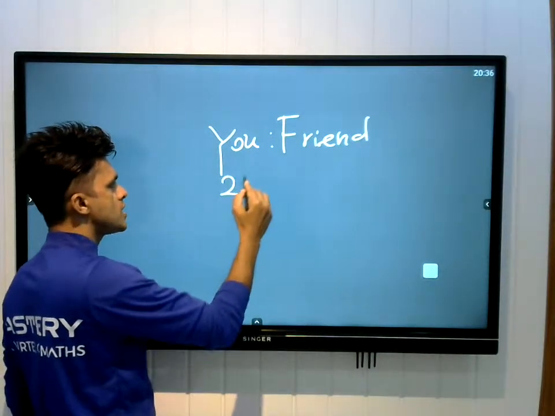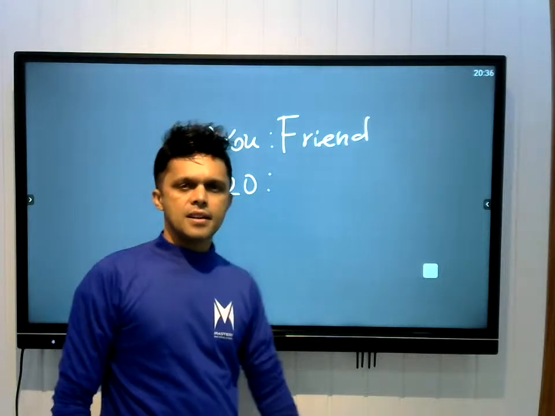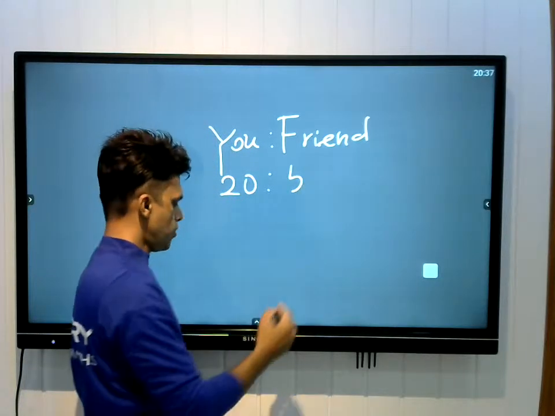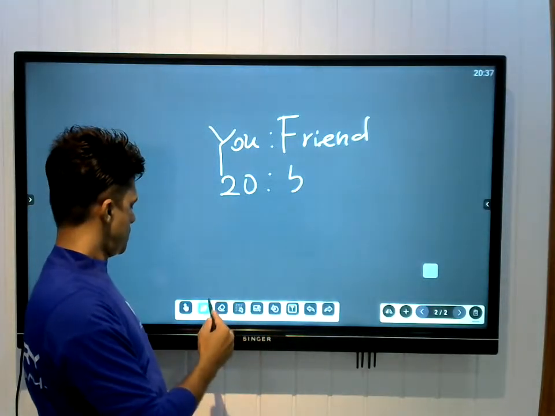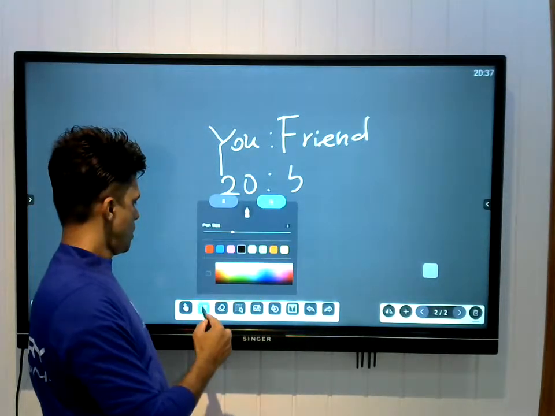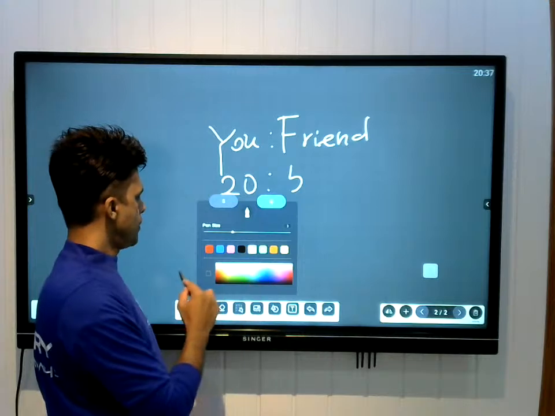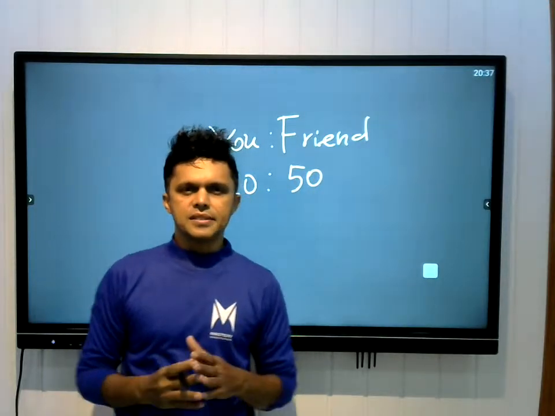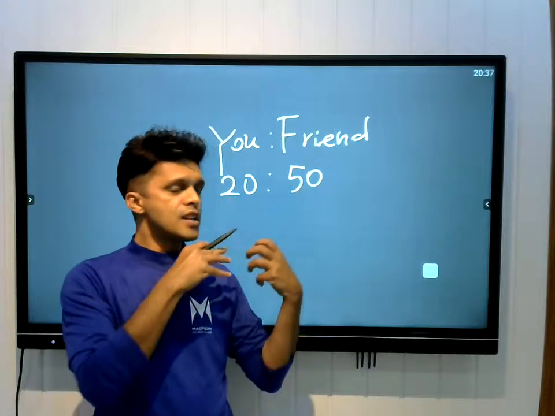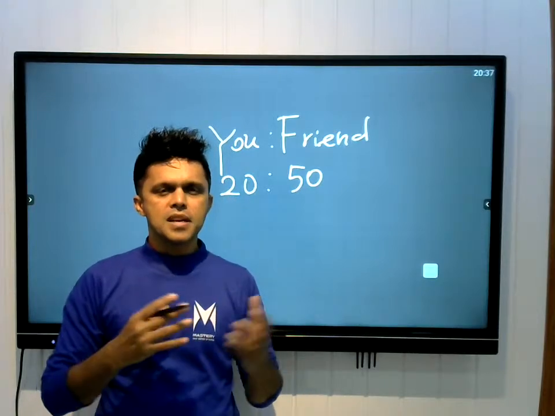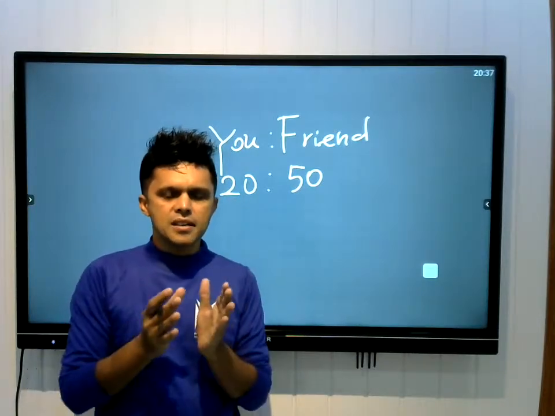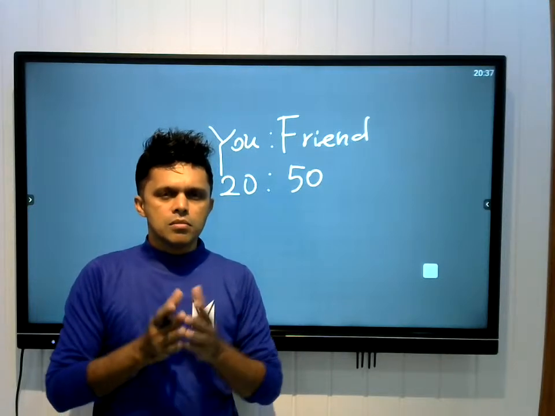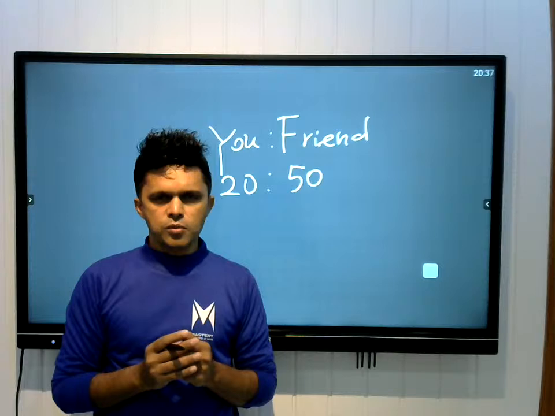You have 20 rupees, your friend has 50 rupees. So here is a relation, a numerical relation, which we have taken between these numbers. So this one is also a ratio.